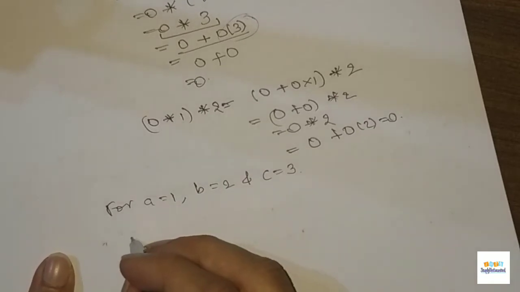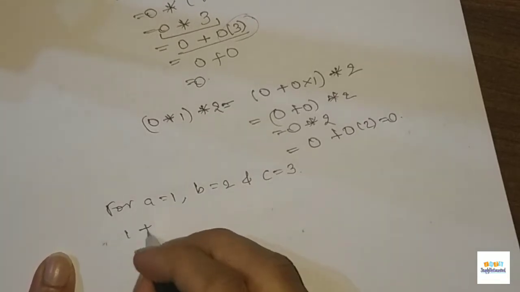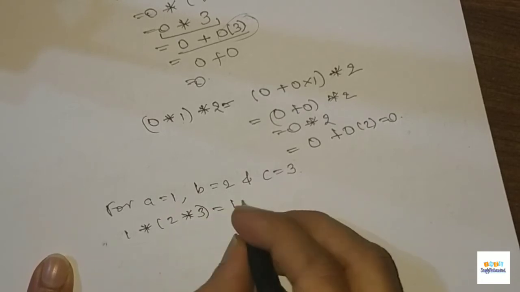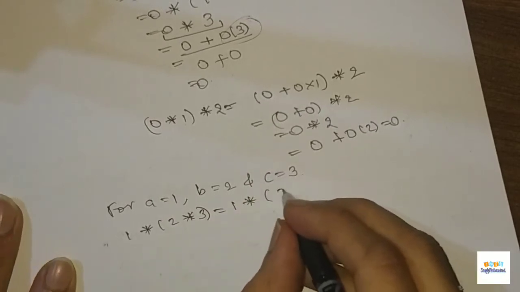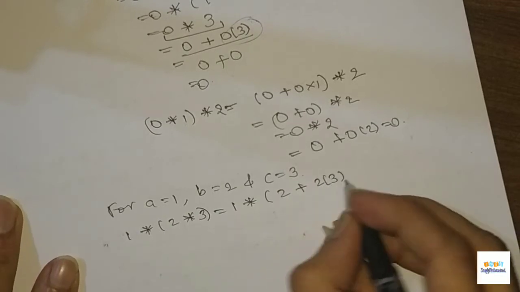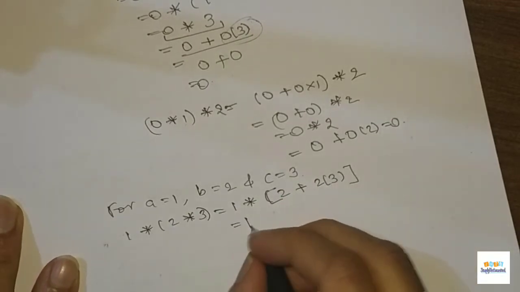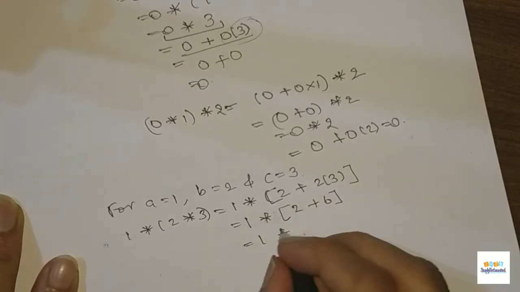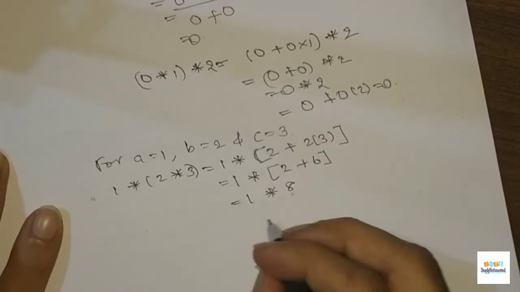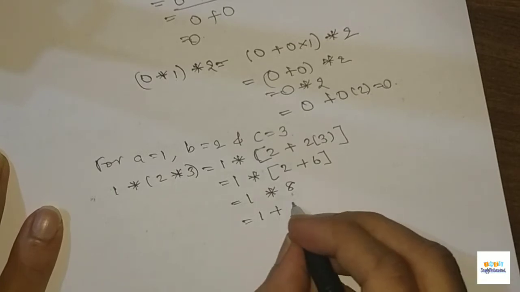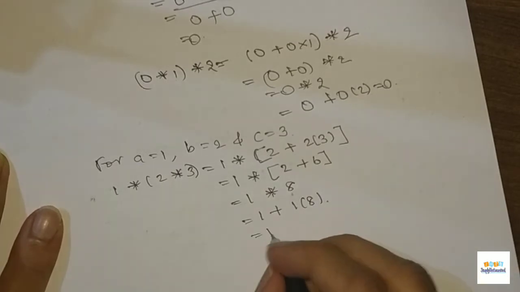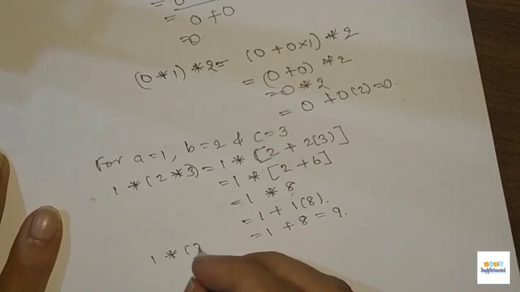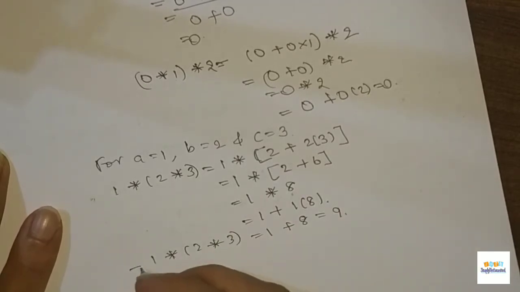So if we first find 1 star bracket 2 star 3, this is 1 star bracket 2 plus 2 multiplied by 3, which is 1 star 2 plus 6, so which is 1 star 8. Which is 1 plus 1 multiplied by 8, so 1 plus 8, which is 9. So 1 star bracket 2 star 3 is nothing but 9.